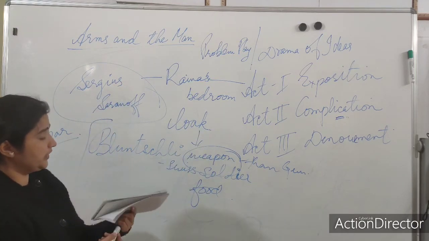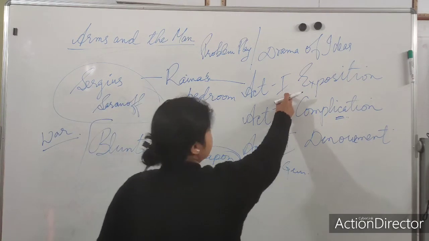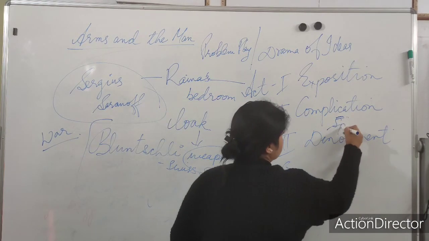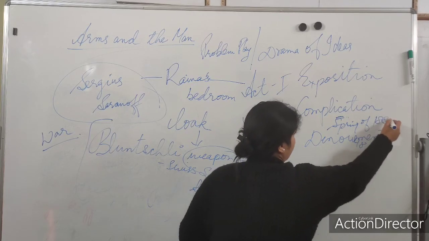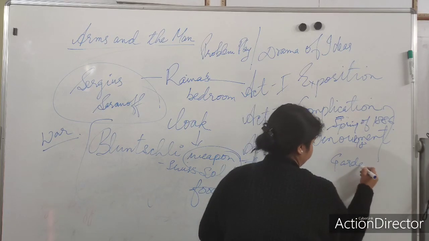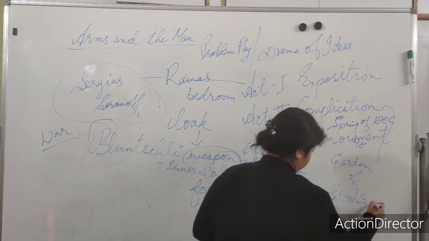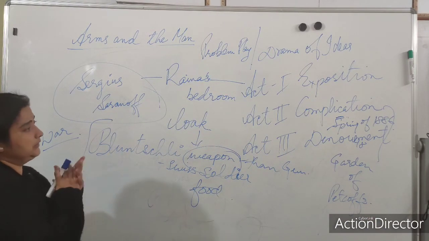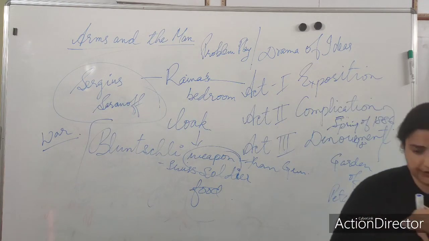Now this act begins in the fall of 1885 and this begins in the spring of 1886, and the setting is the Garden of Petkovs. Okay. Now what happens here? How do the complications or problems take place?